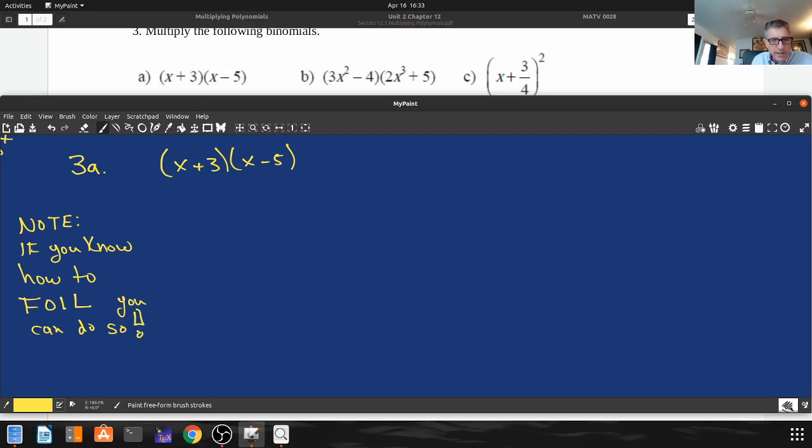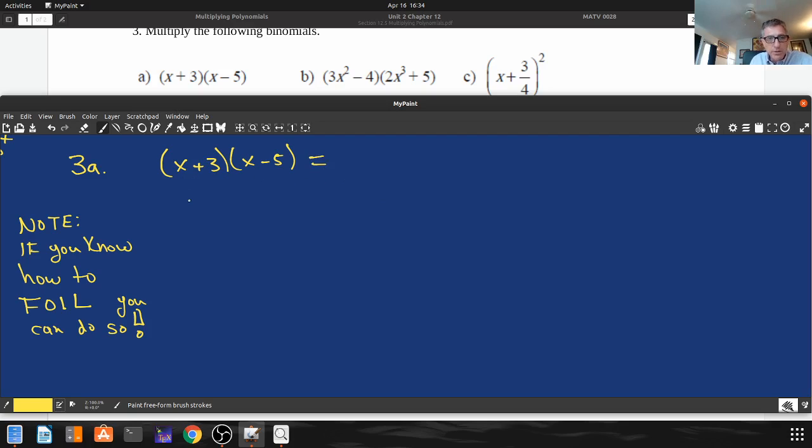And you're saying, what the heck? If you're saying, what the heck, just ignore this right here. It's another way, a special formula for multiplying two binomials. But it only works when you're multiplying two binomials, period. That's the only time it works. So what I do is I show you a method that works for everything.